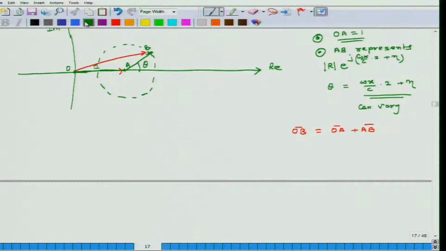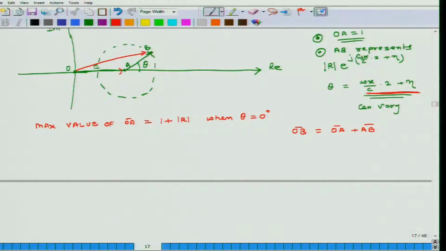Now what we see from this picture is that the maximum value of OB will be when the value of theta is 0 degrees. That does not mean that x will be 0. The value of theta is this. So when it is 0, there will be some value of x which will correspond to theta being 0.